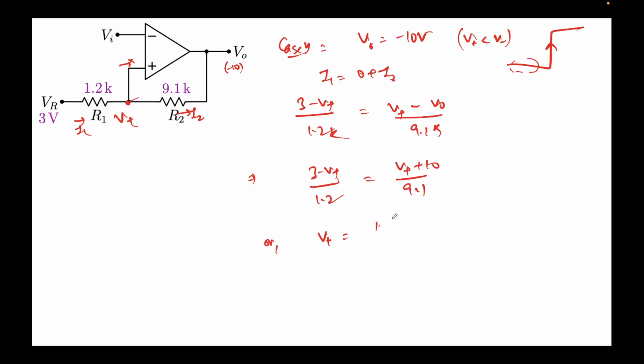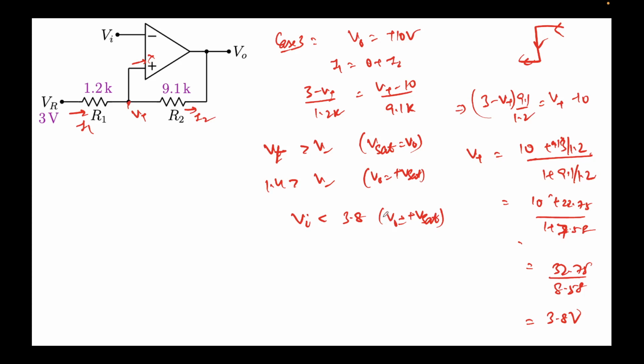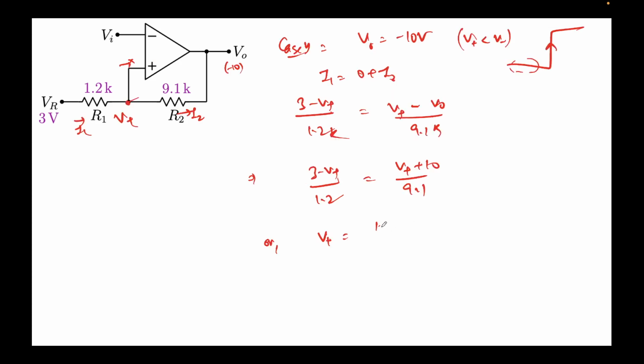Again I'll do the same here. If you rearrange the terms, V plus can be written with the numerator first: 3 times 9.1 divided by 1.2 minus 10, since the V naught term goes to that side, and the denominator would be 1 plus 9.1 over 1.2.